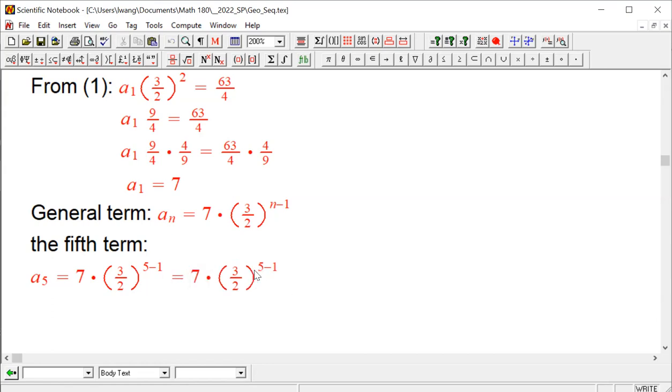That's going to be 567/16. Okay, so this is how we can find any term. You can find any term from information about 2 terms in the geometric sequence, and we can identify the first term and the common ratio. Once the first term and common ratio are determined, we can find any term.